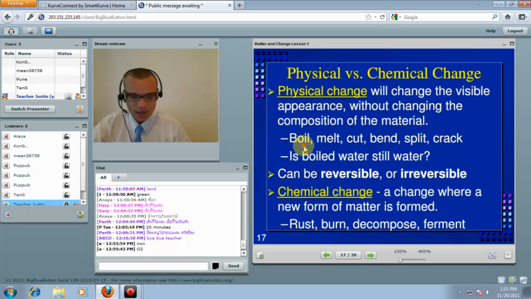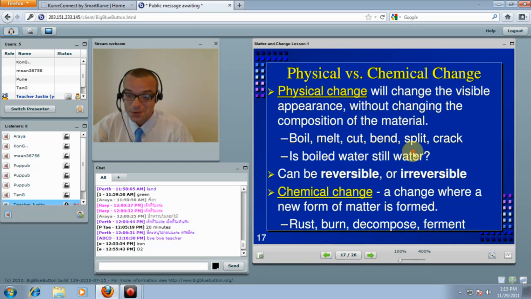It will still be the same molecule. Same with melting. You can melt copper, it will still be the same basic chemical makeup. Cut things, bend things, split things, or crack them. Physical changes that don't change the composition of the material.